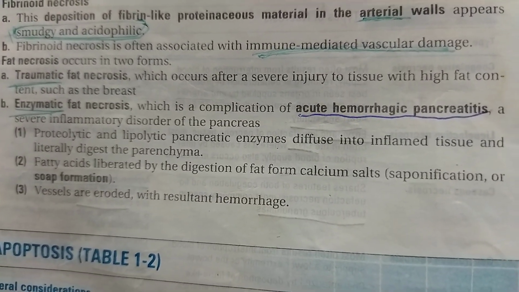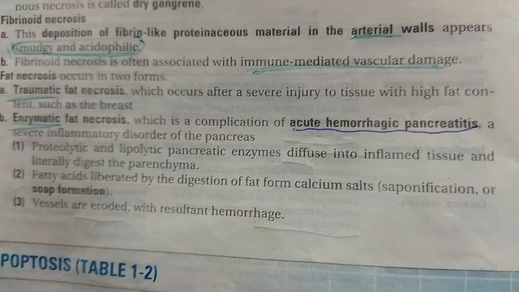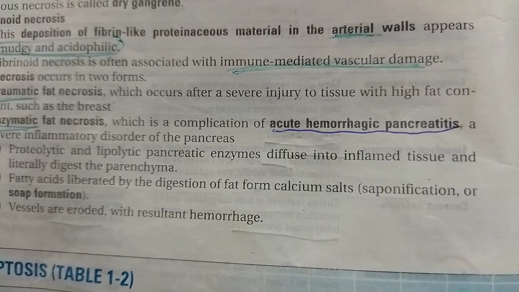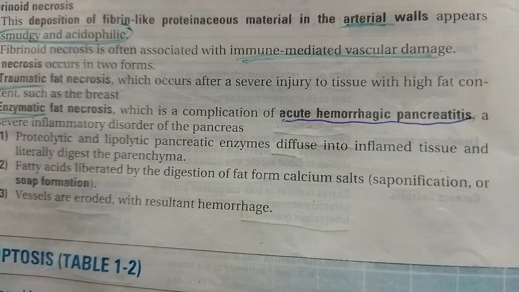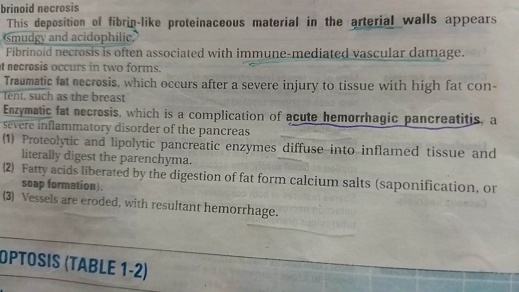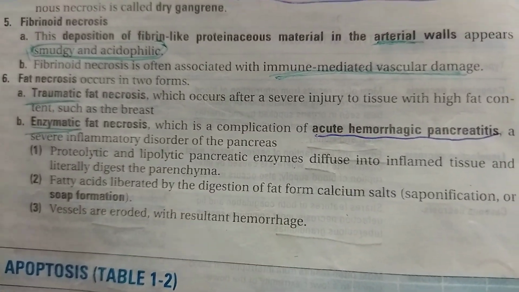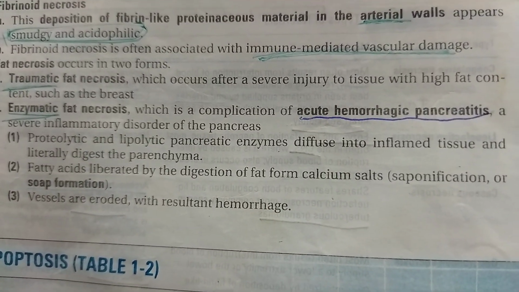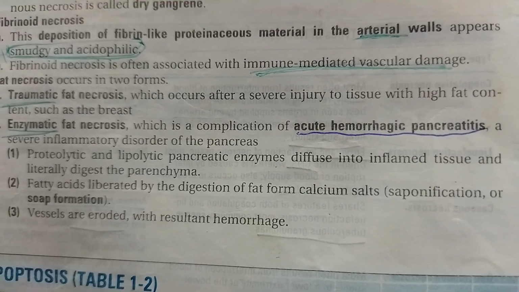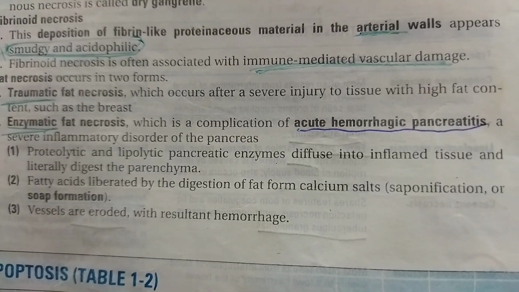Enzymatic fat necrosis is a complication of acute hemorrhagic pancreatitis, a severe inflammatory disorder of the pancreas. In the pancreas we have enzymatic fat necrosis. This is an important MCQ too: which type of necrosis occurs in the pancreas? Enzymatic fat necrosis.